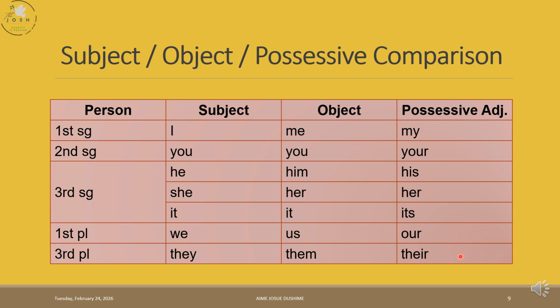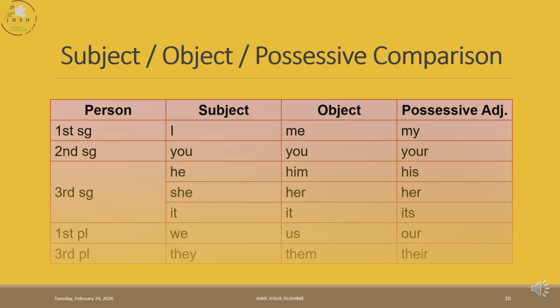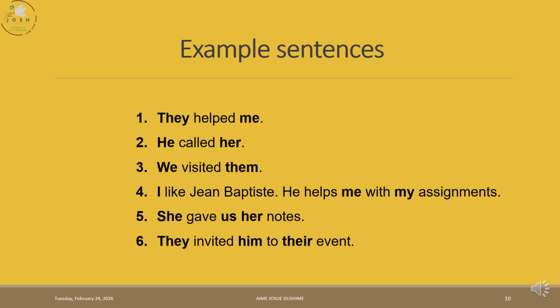That's what we call a table of pronouns and adjectives, possessive adjectives and subject pronouns and object pronouns. Example sentences. They help me. This is a subject, this is an object. He called her. We visited them.